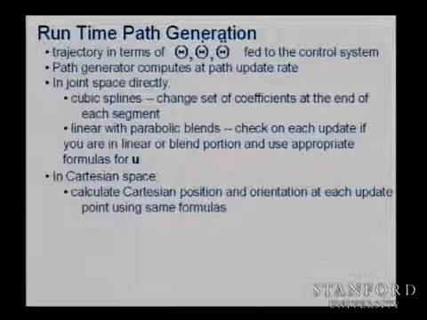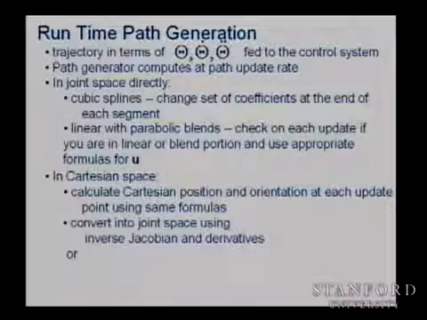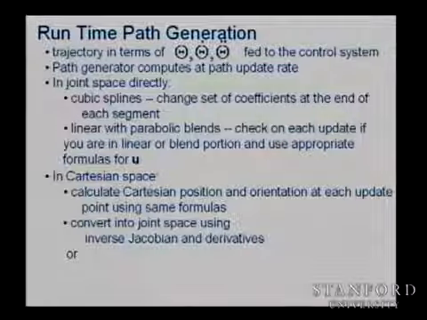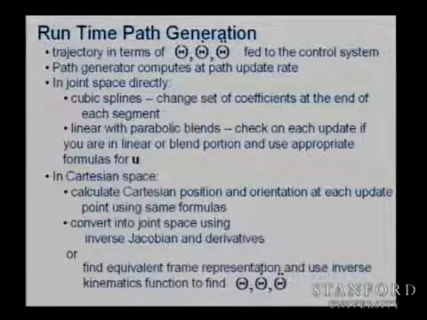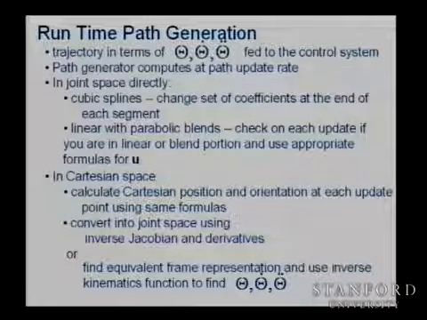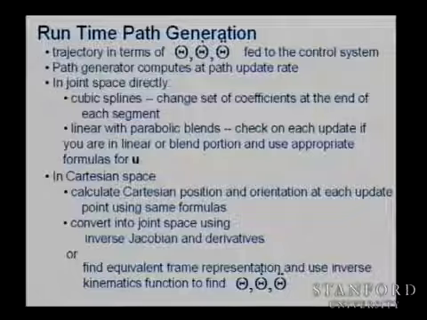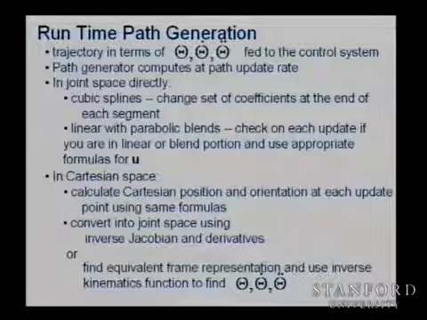And then we have to calculate the joint space coordinates using either inverse Jacobian and derivatives, or find the equivalent frame representation and then use the inverse kinematics functions to get theta, theta dot, and theta double dot. And you should know how to do that now from the kinematics that you've done so far, right? And the inverse kinematics. So this is how we can compute all that.